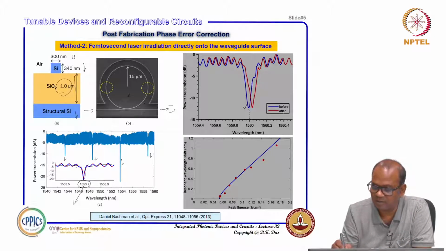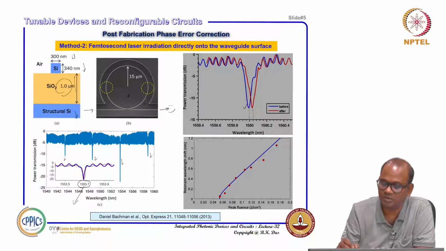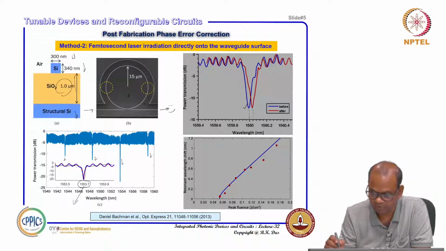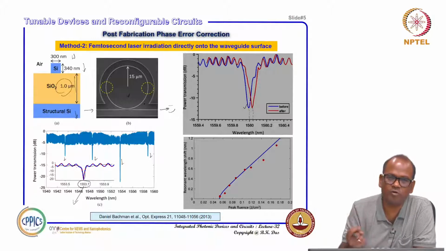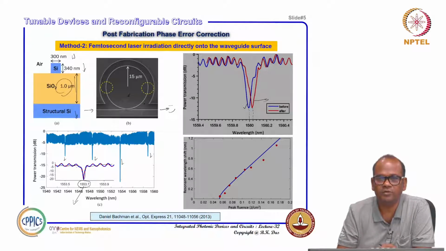After irradiation, you see that it has been tuned; the resonance curve is red shifted now, to about 1560.2, so some picometers could be detuned. Okay. So you can irradiate more, with more fluence and more intensity of the pulse laser, and then you can detune further also, according to your requirement.